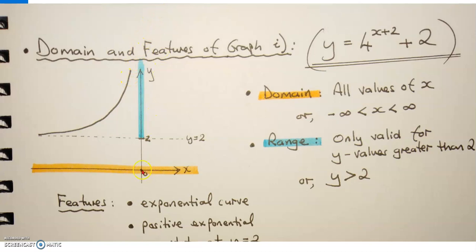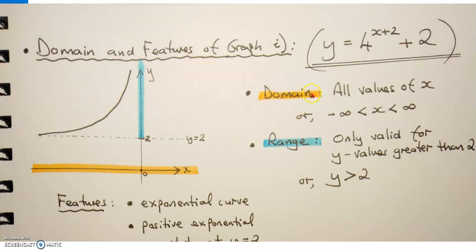And that means that you can find a value for y for any value of x there. So what you're really saying is that this exponential graph exists for all values of x. And that's what we call the domain of the graph.